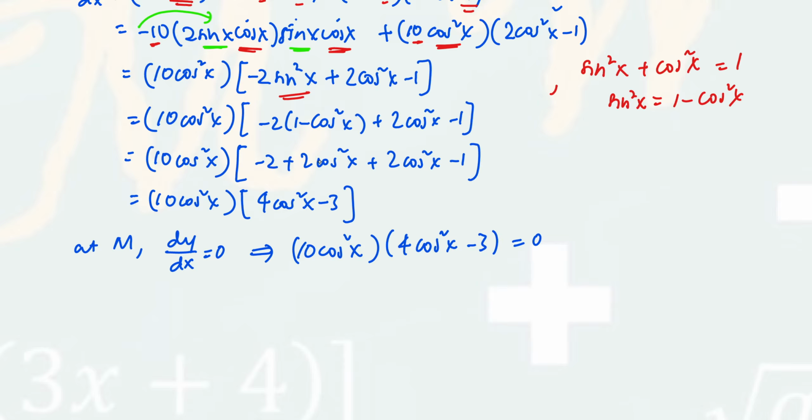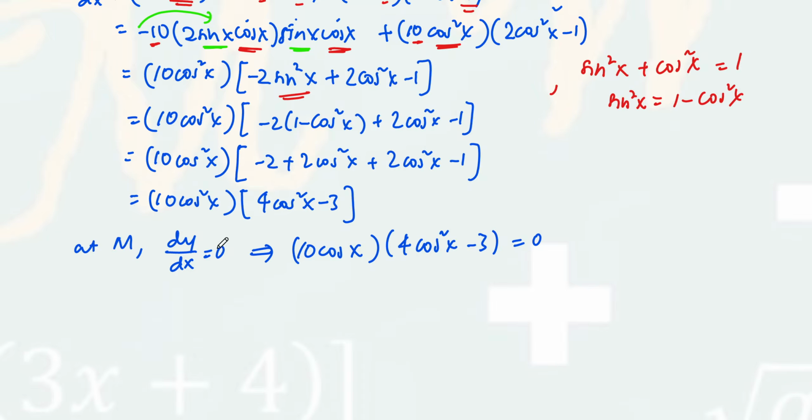So now, when the multiplication of two terms equals to 0 means one of them equals to 0, which means now probably I will let cos square x equals to 0, or 4 cos square x minus 3 equals to 0.